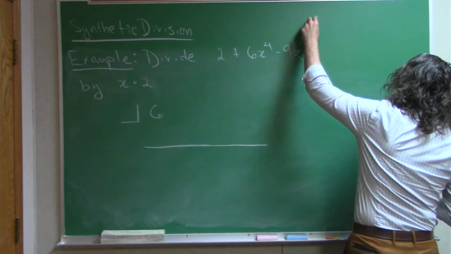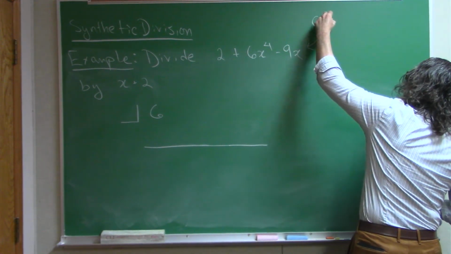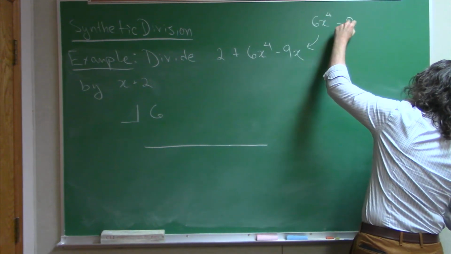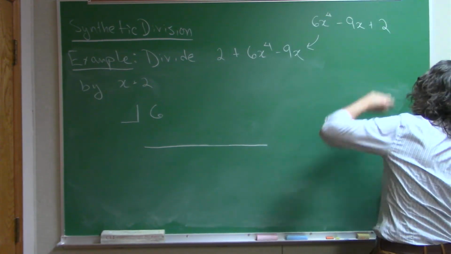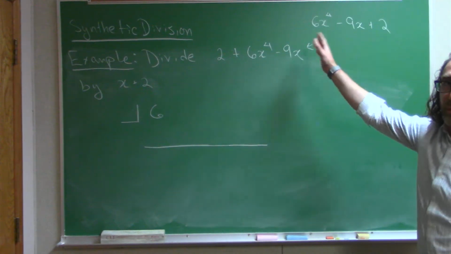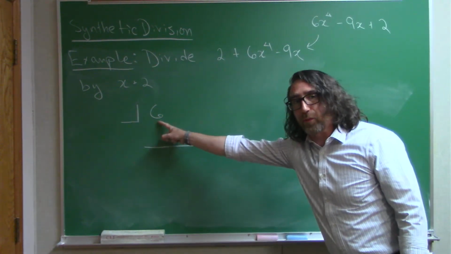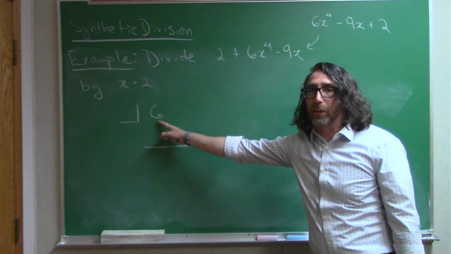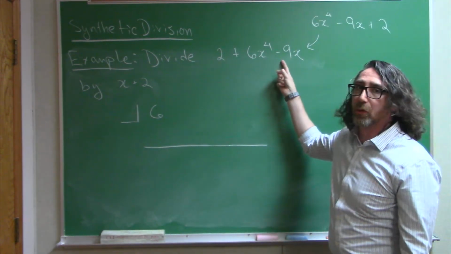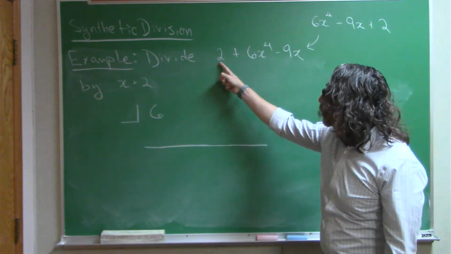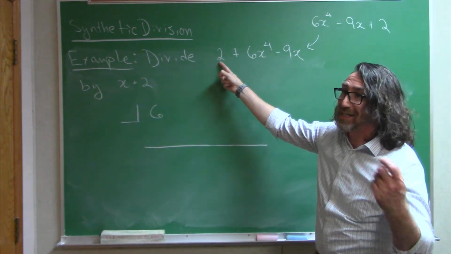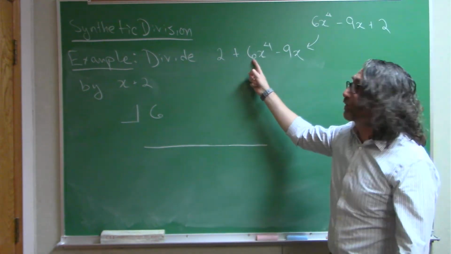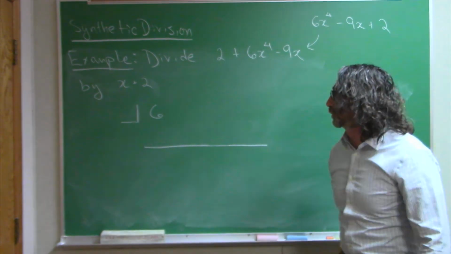So really we should think of this as 6x to the 4 minus 9x plus 2. Got to write everything in order. Whatever you write first should be the coefficient of the highest power of x in your polynomial. The 2 is the constant term, that's x to the 0. This is x to the 4, so that needs to go first.